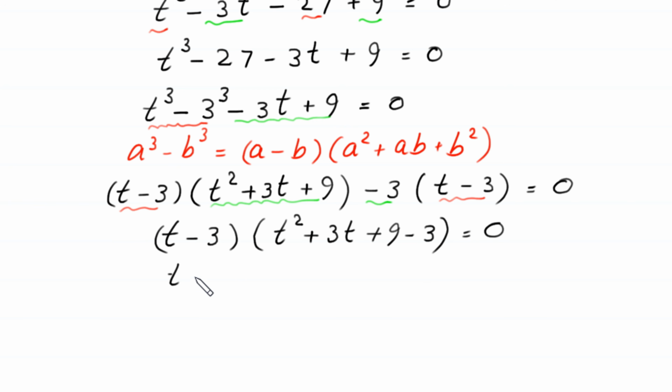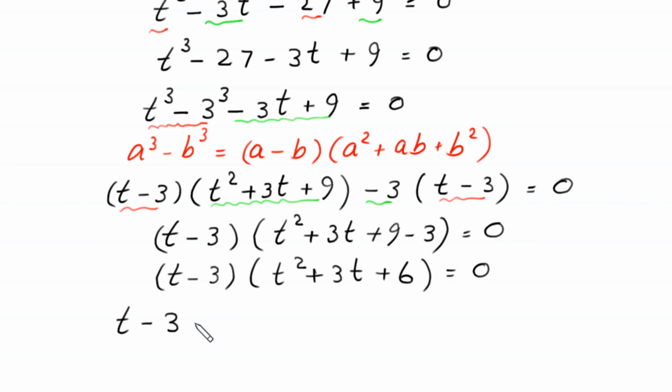Next, t minus 3 times t squared plus 3 times t, this 9 minus 3 will become plus 6 is equal to 0. From here, either this expression t minus 3 is equal to 0 or this expression t squared plus 3 times t plus 6 is equal to 0.